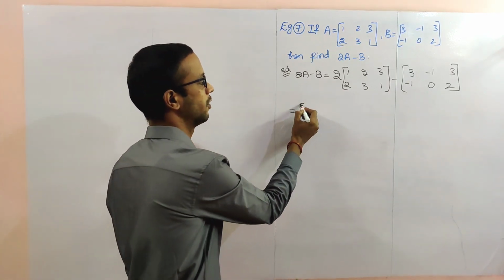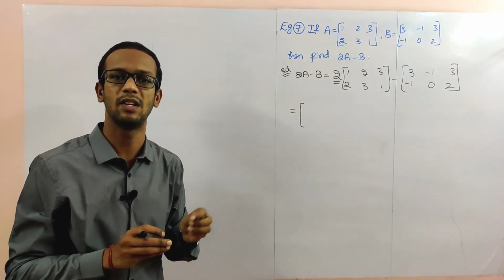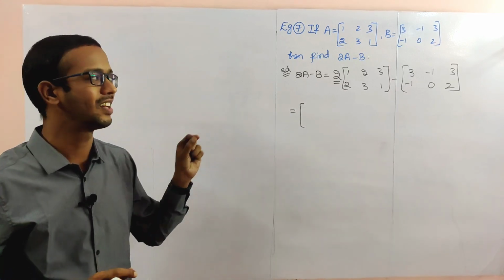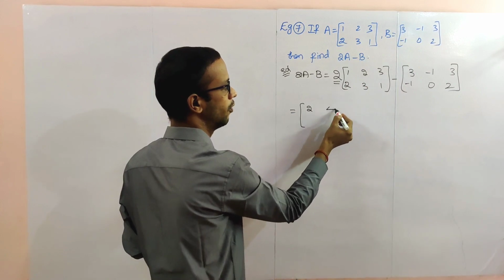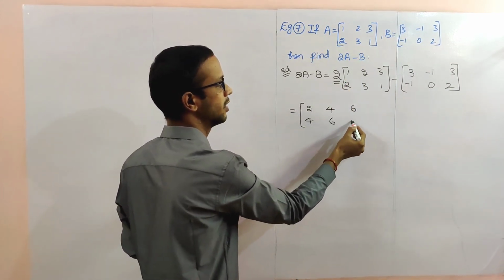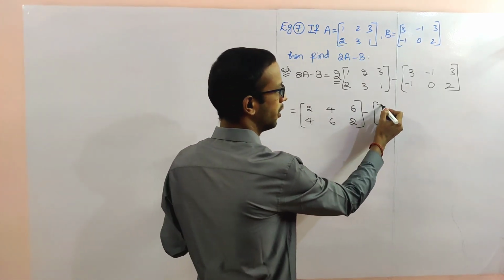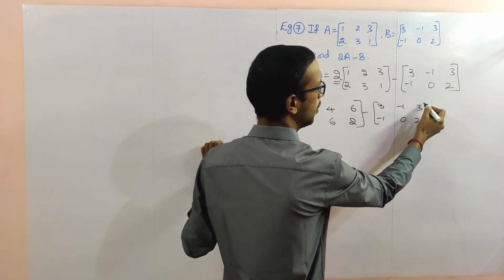Now simplify this. First, scalar multiplication: each and every element is multiplied by that scalar. 2 into 1, 2; 2 2s are 4, 2 3s are 6, 2 2s are 4, 2 3s are 6, 2 1s are 2. Next, subtraction with 3, minus 1, 3, minus 1, 0, 2.